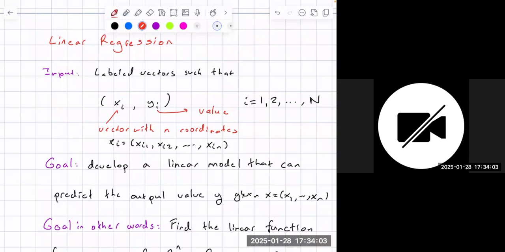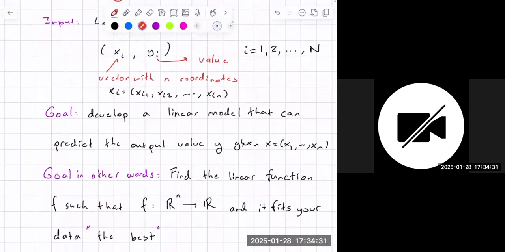And then, of course, next to it, you want to predict how much it's worth. Or many other situations. You have a vector x_i. This x_i has a whole bunch of coordinates, all the features. This y_i doesn't have any coordinates. It's just one number. And we want to have a model that tries to predict this as well as possible. But we are insisting on the model being linear. I will tell you what linear means precisely. That's the goal.